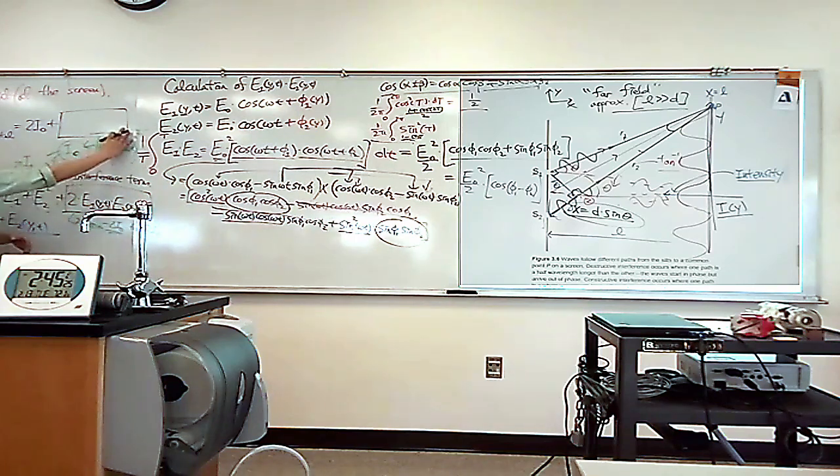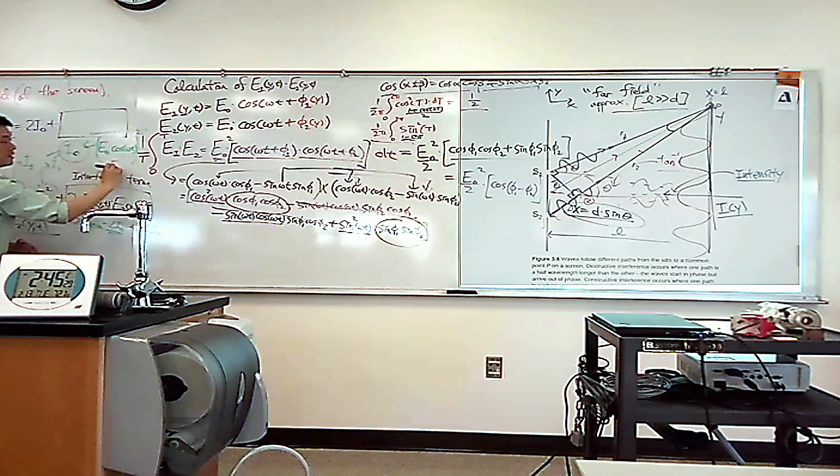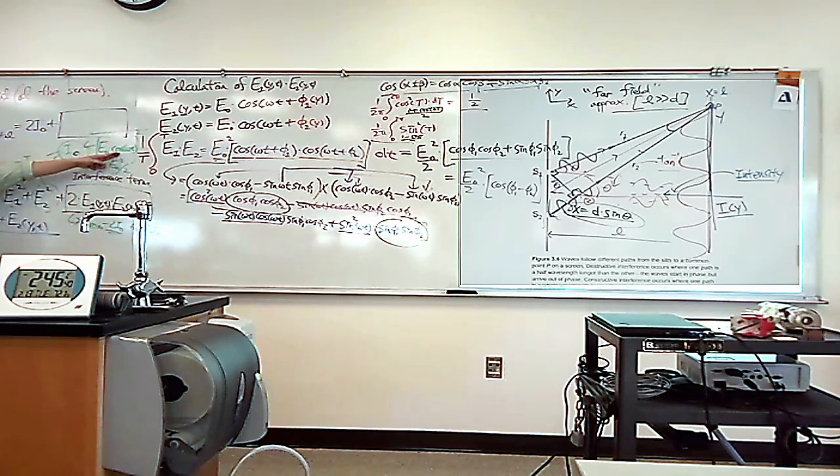What you will end up with on this side before you make this jump is actually E naught squared over 2. Good? Because you have the cosine squared omega t term still. So when you do the time average, you get 1/2. So wherever we see E naught squared over 2, that's what we would associate with I naught in intensity.